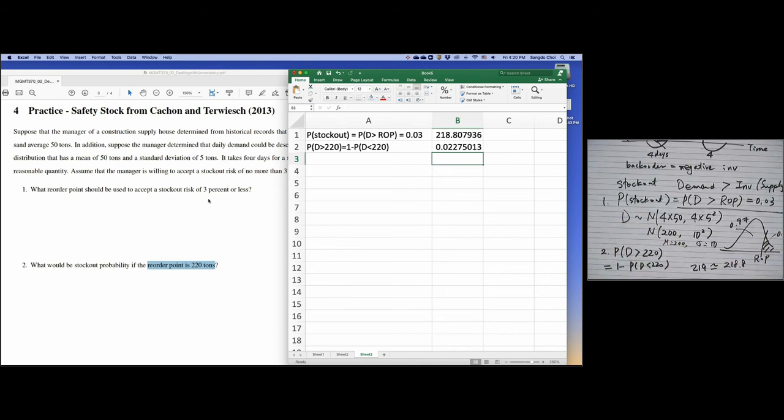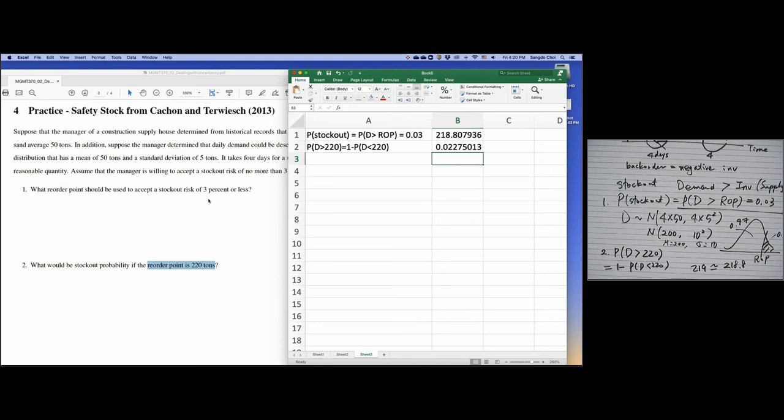I mean the stock out with reorder point 220. We want to compute the stock out probability, which is that demand is greater than this reorder point.